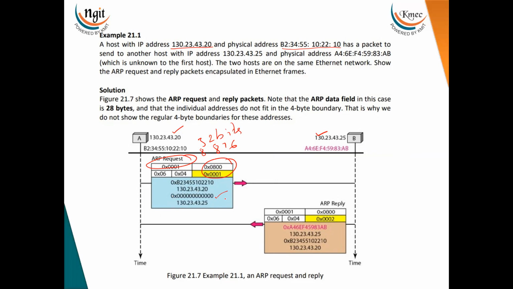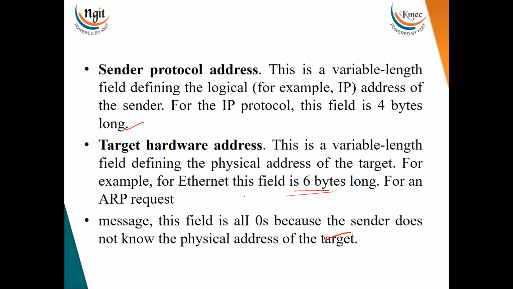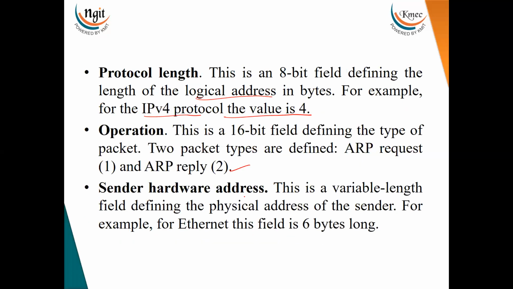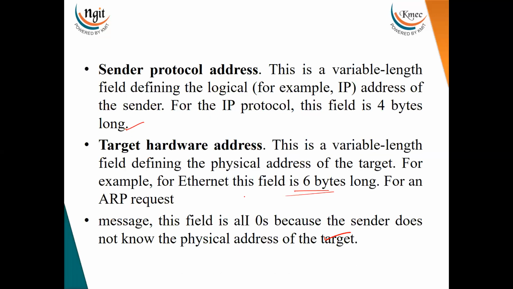Once the processing has been completed, we have the sender protocol address, a variable length field, and the sender hardware address, a variable-length field defining the physical address of the sender. In the request, the target hardware address field is all zeros because the sender does not know the physical address of the target.